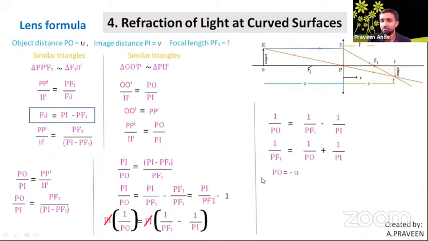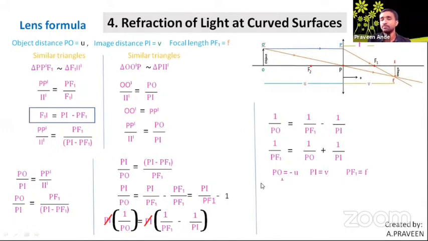Now replace them in the equation. What is Po? It is the object distance measured on the left side, so it is negative, opposite to the direction of the incident light ray, a negative symbol. Then in the incident light ray direction, we are measuring the image distance as well as the focal length here. So Pi is positive V and Pf1 is positive F. Then substitute them in the equation. What did you get? 1 by Pf1 is equal to 1 by Po plus 1 by Pi.